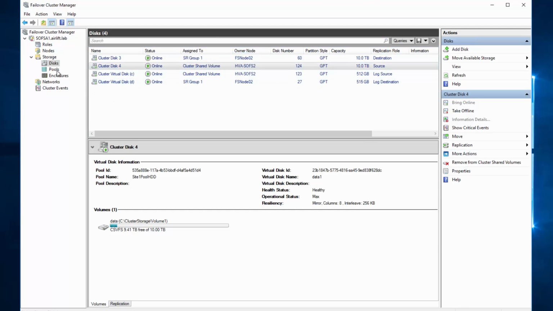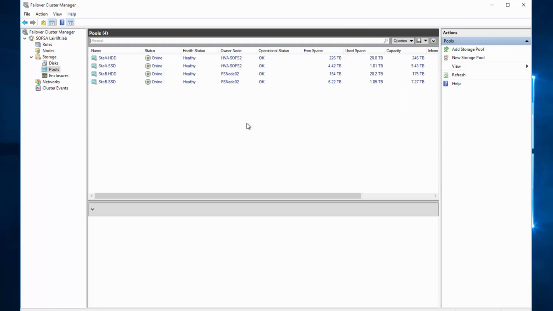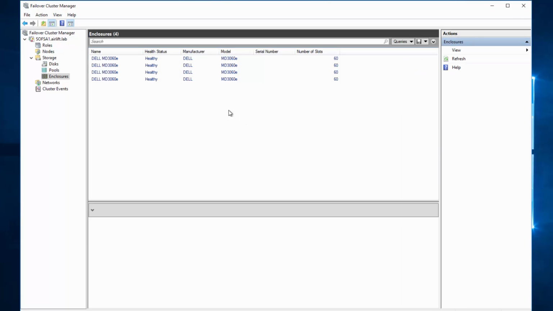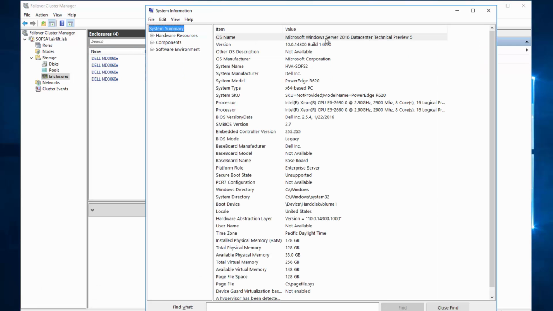I have these pools carved out of storage spaces, all coming from some Dell MD enclosures, 3060s, 60 drives apiece. I'm only using a handful of these for this demonstration. These are Dell 620s, R620s, 16 cores, 128 gig of RAM. A fairly mid-range system. A very good, responsible system for running some VMs or some storage.